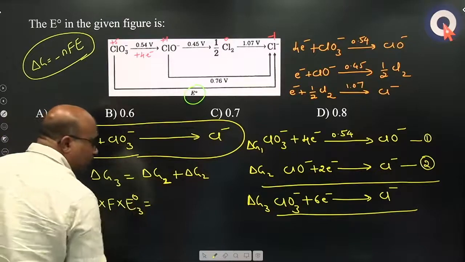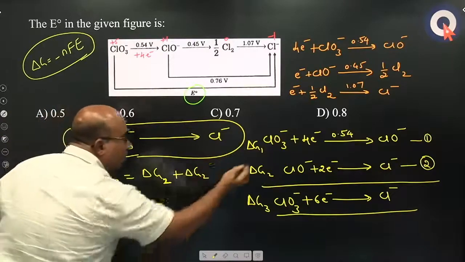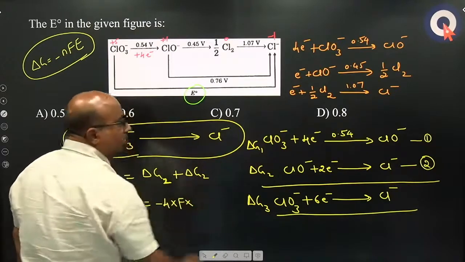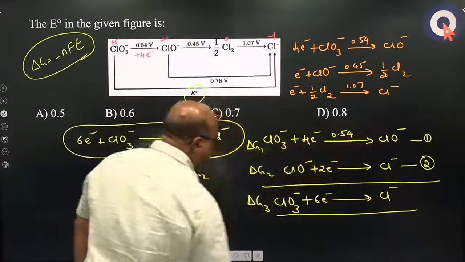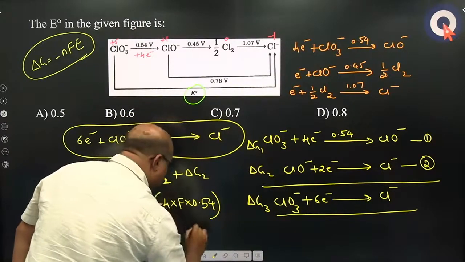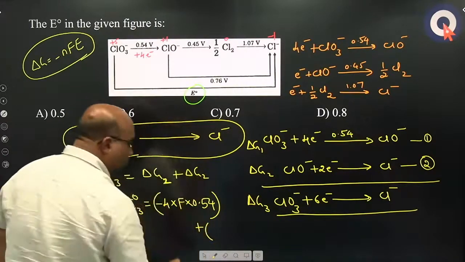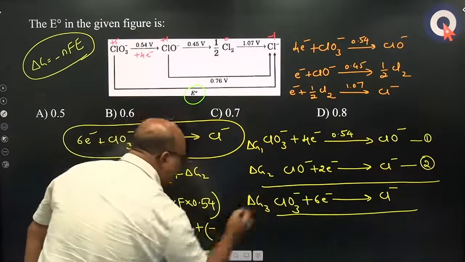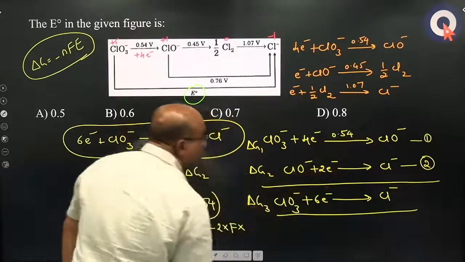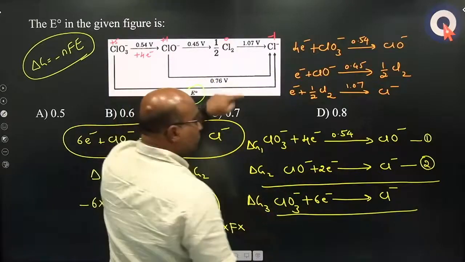This is minus 4 into F into E naught of that, because we are taking it in this direction only, so 0.54, plus delta G2, minus number of electrons here 2 F into E naught of that. E naught of this is given as 0.76 here.